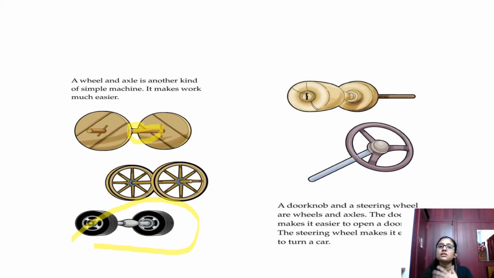Here it is not a screw, okay, just because we are twisting and twirling it. When you twist it, you're applying some energy, and inside there is an axle like this, there is a handlebar like this. It's not a handlebar, I'm just telling you for your reference. So this is one of the examples. This is how the car moves, this is how the door opens. We'll see live examples during the online sessions.